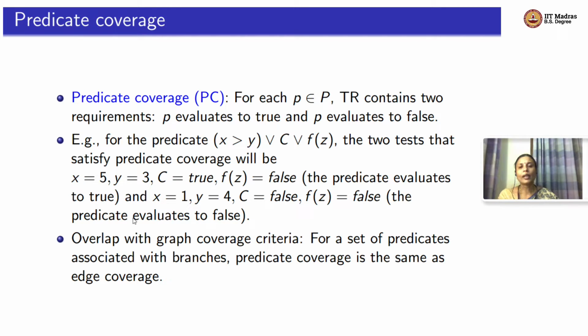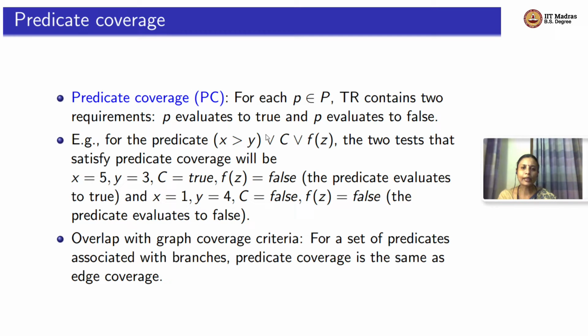For example, if I had the same predicate that we looked at a little earlier, x greater than y, or c, or f of z, the test requirement for predicate coverage would be: let this entire predicate evaluate to true once, and let this entire predicate evaluate to false once. So here are some assignments. Suppose x was 5, y was 3, c was assigned true, and f of z returned false.